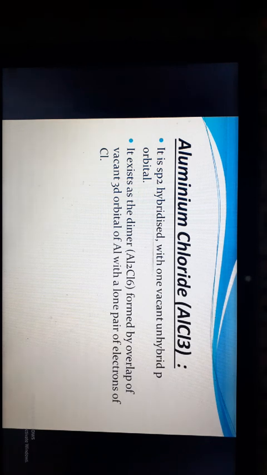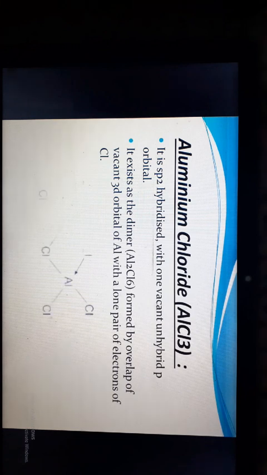When we talk about aluminium chloride, what is the formula? AlCl3. But if you take 2, that dimer means what? Here 2 atoms of aluminium, and the 3 Cl become double, that is Cl6. That is called the dimer. It exists as a dimer.